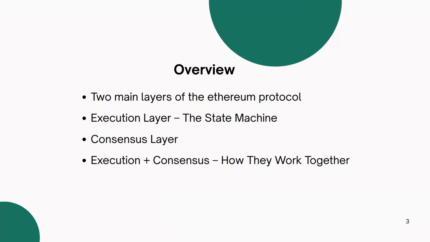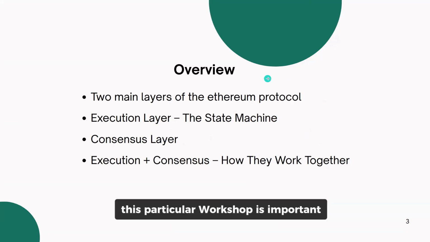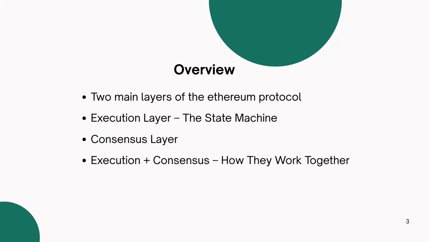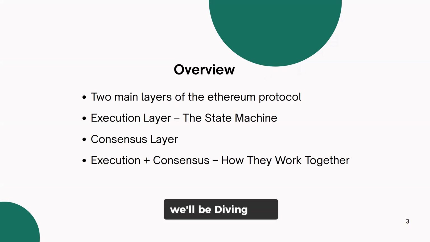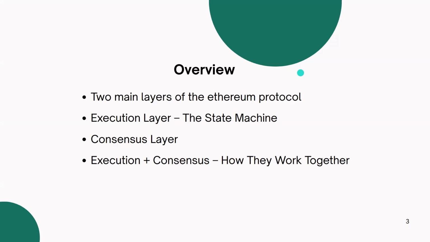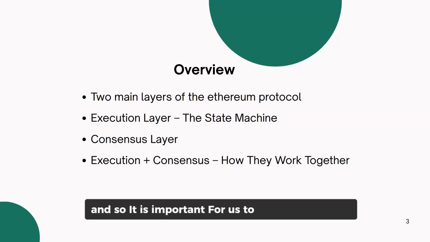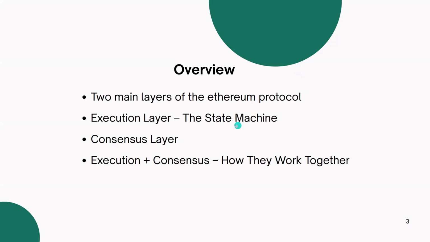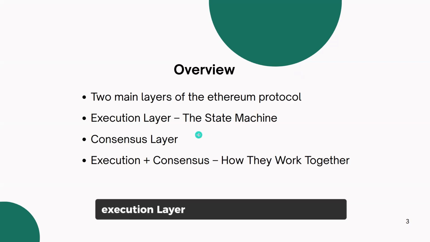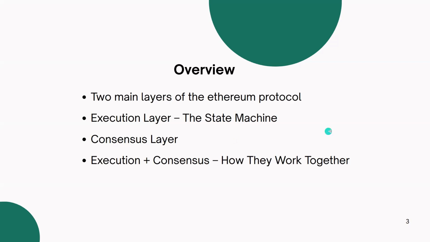The reason this workshop is important is that as we progress, we'll be diving into each client, so it is important for us to have an overview of the workflow from the execution layer to the consensus layer. That's the architecture of the blockchain.